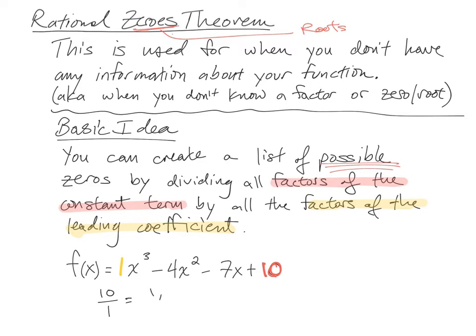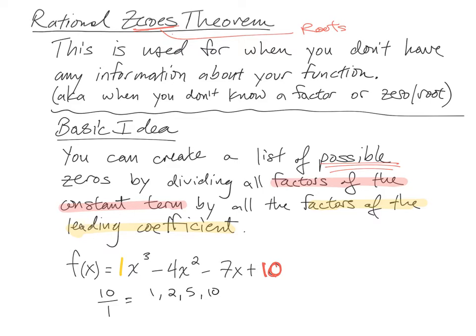That being 1, 2, 5, and 10. And I'm kind of half truthful here with you because you can also evenly divide 10 by -1 and -2 and -5 and -10. But we're going to save all of those negatives for the end.